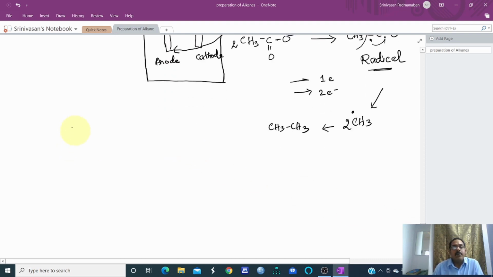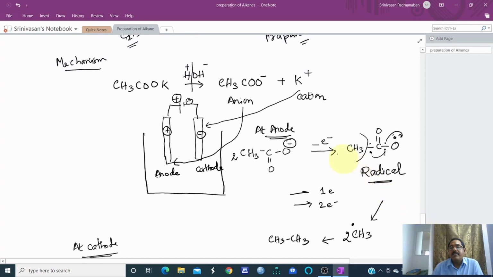Now I'll write what happens at cathode. One thing I have to say: here we said the electron is lost, and that is at anode, loss of electron. Do you remember this loss of electron?